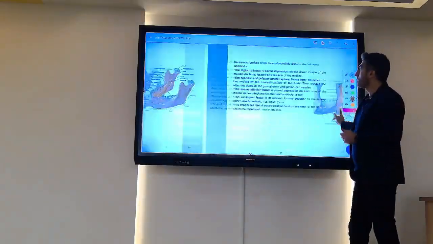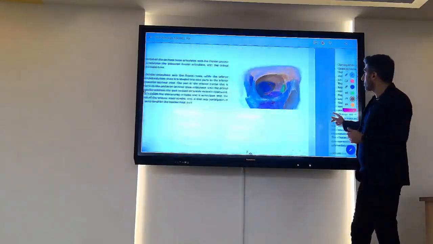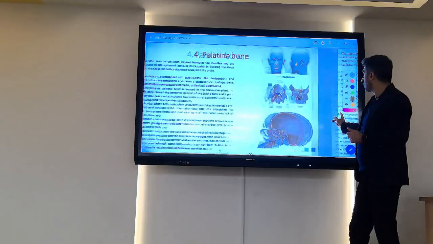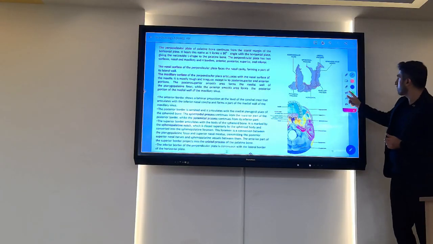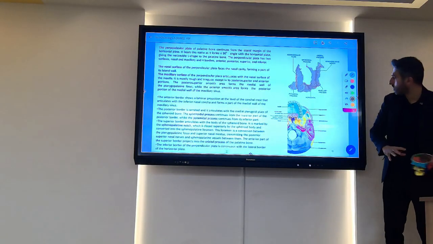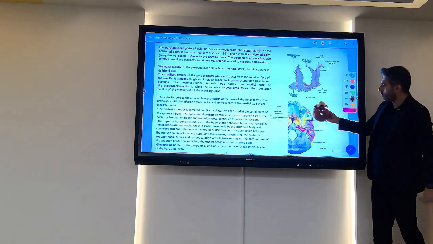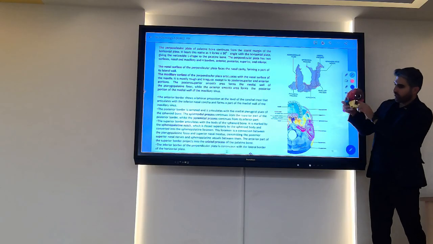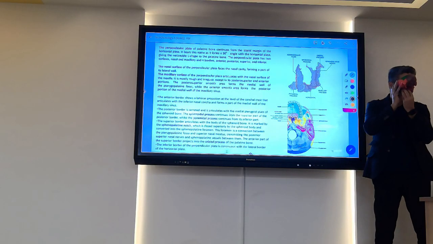Let me show you the inferior surface of the sphenoid. It's here. From inferior view, this is the vomer, and you can see it from the posterior side in the nasal septum.